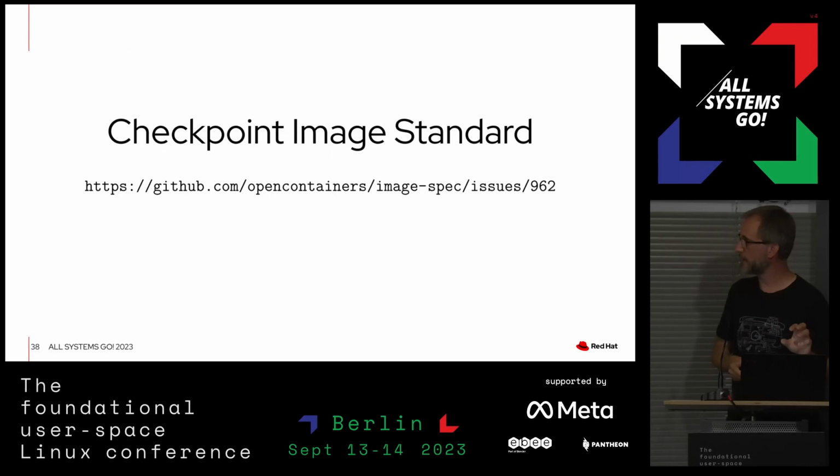We're trying to standardize it because containerd also has its own image format, which we couldn't use because it uses internal structures of containerd, which we didn't want to have in CRIU. So the hope is to get something where we have the checkpoint information from CRIU and maybe some JSON files to describe it, and not protobuf encoded.